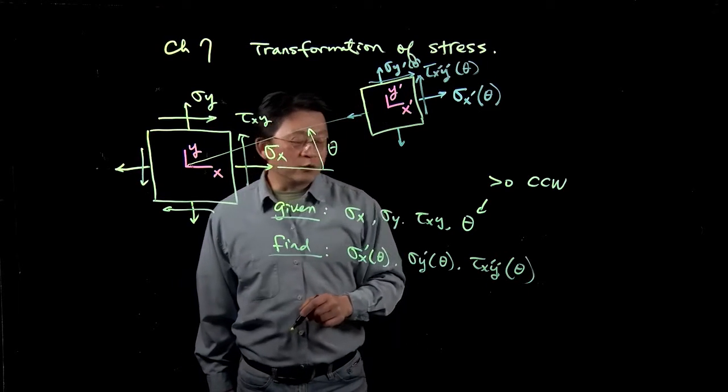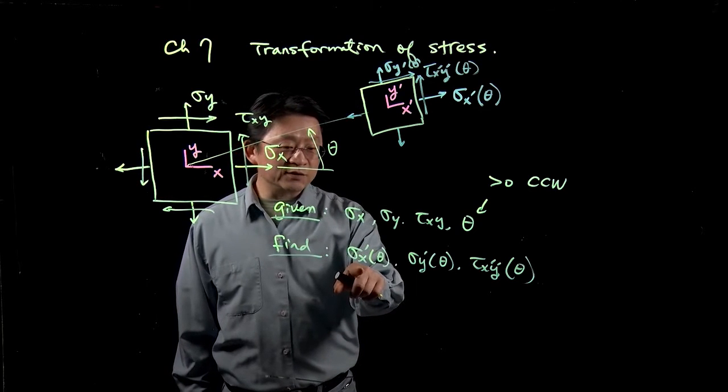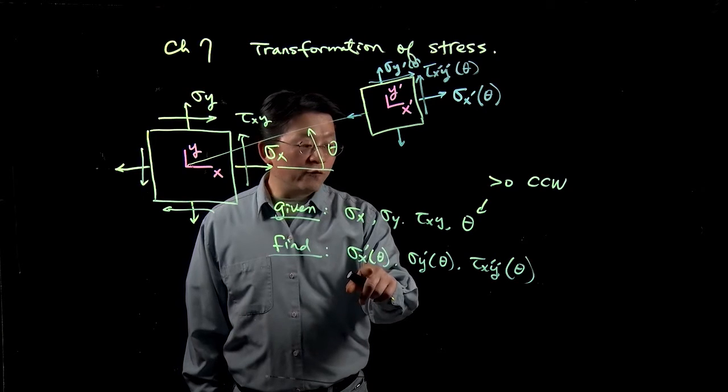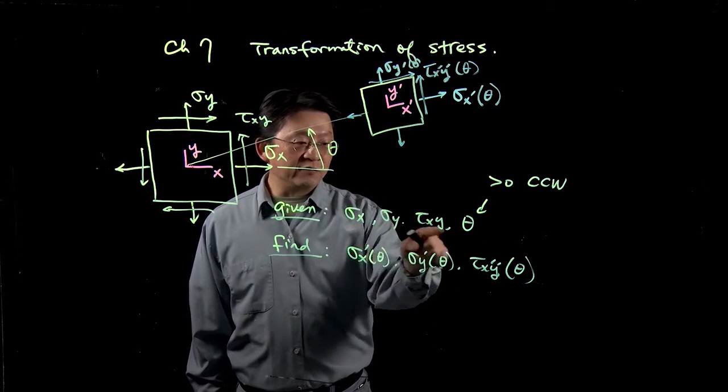And in these chapters, we're going to learn two techniques. One is through calculations of the stress equilibrium, the force equilibrium, to formulate three equations in terms of the given information.